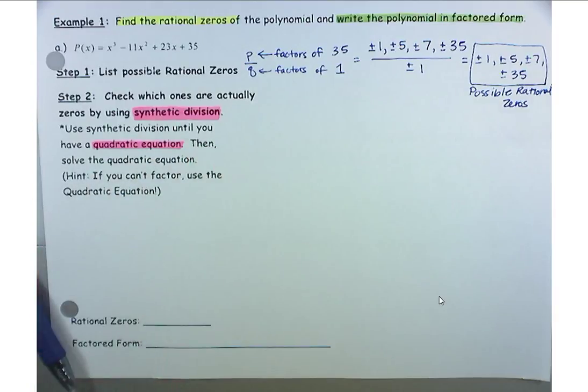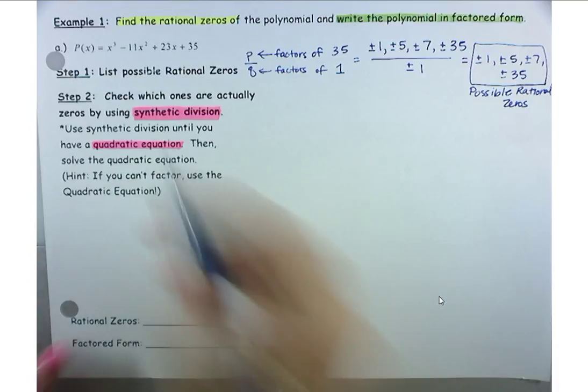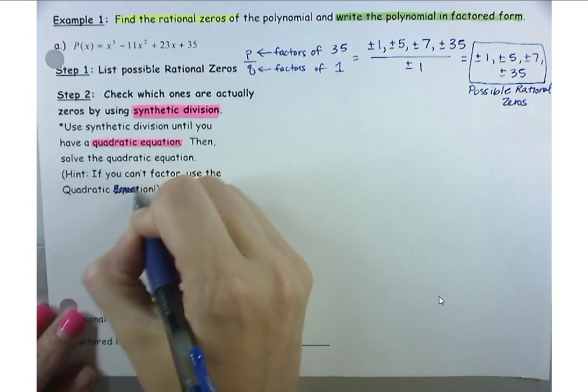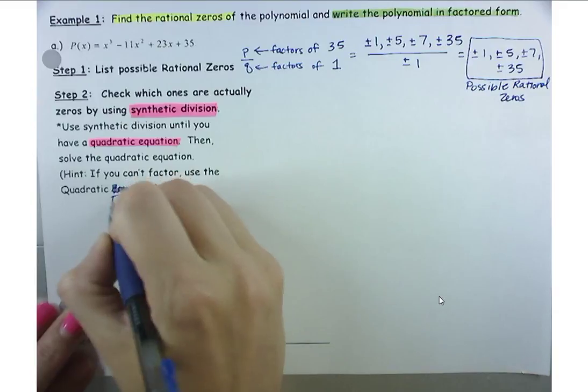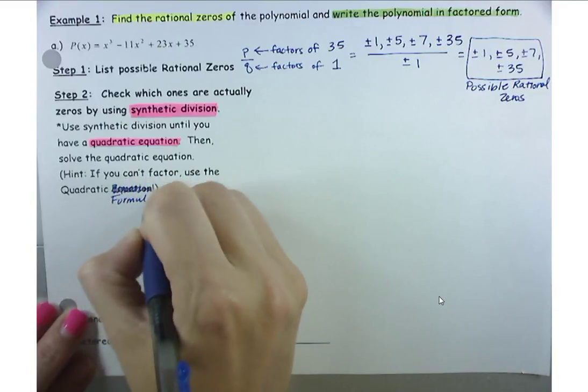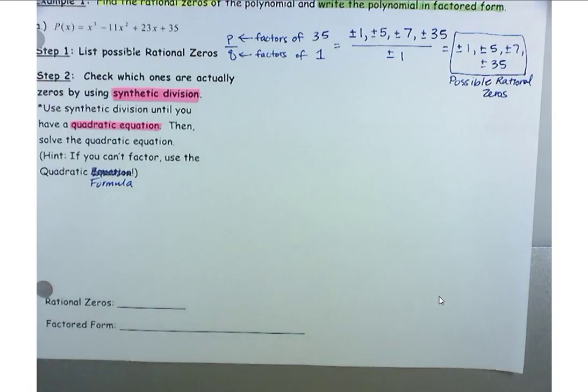Then you are going to solve the quadratic equation, and if the quadratic equation that you have is not factorable, then you are going to use the quadratic formula. Some of these you are not going to have to use the quadratic formula for, others you will. The first ones that we're going to do are going to be more basic.